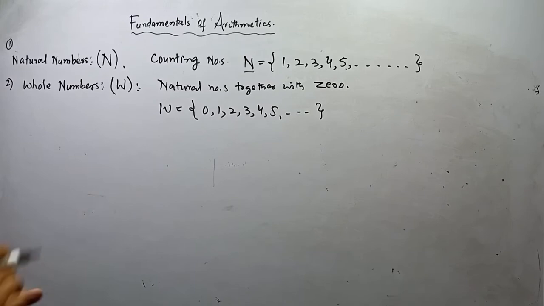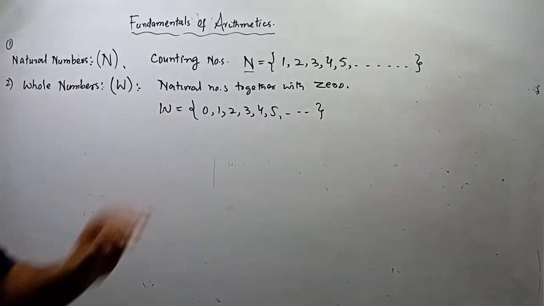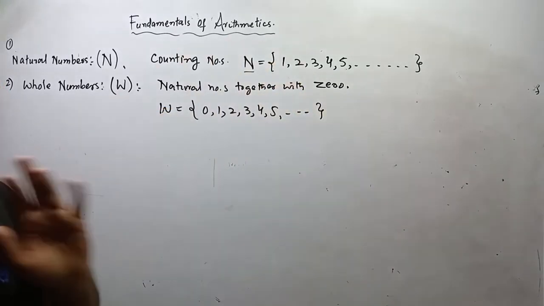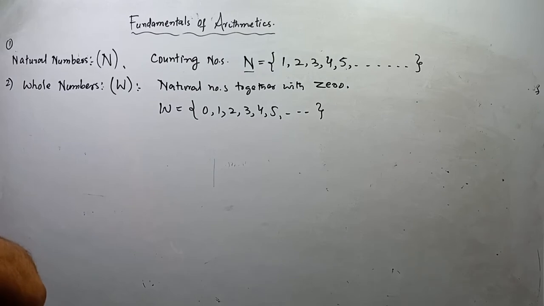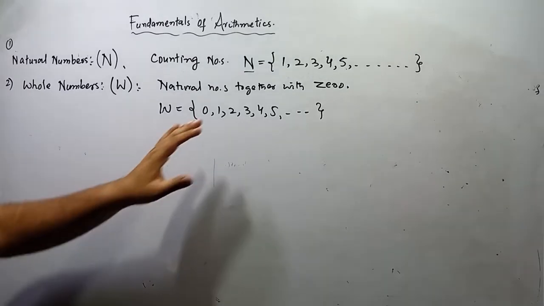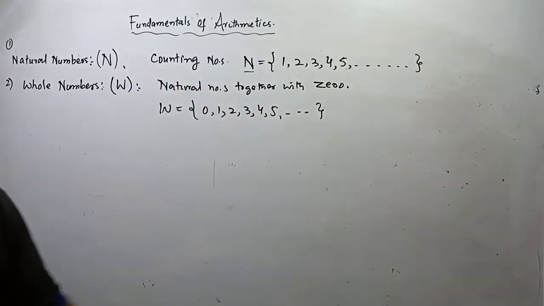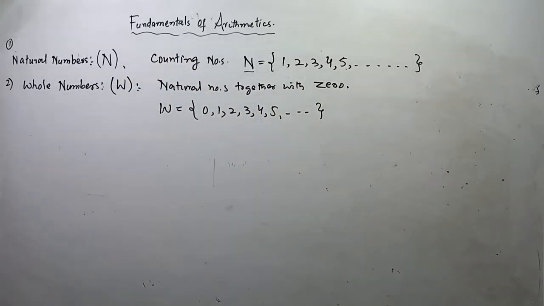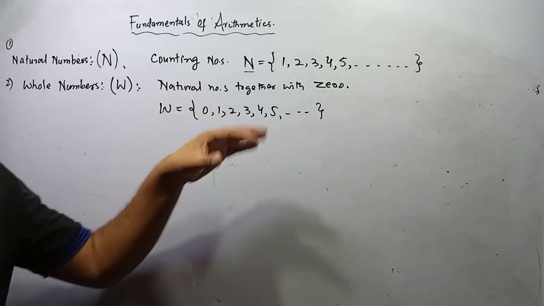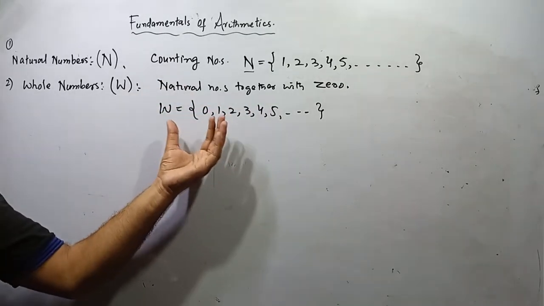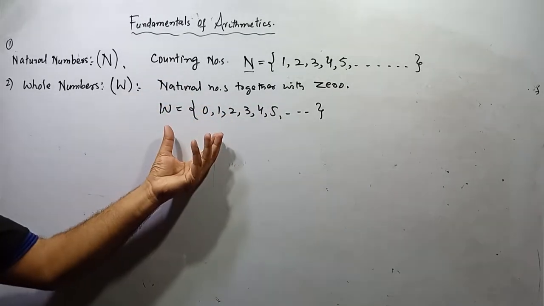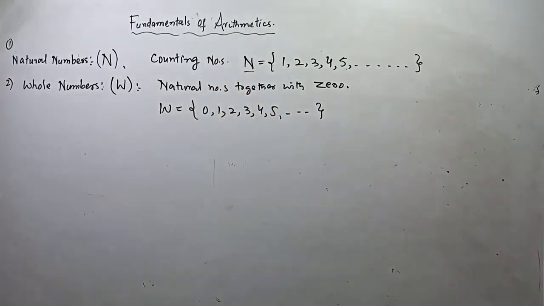Now you can see here 0 is the only whole number which is not a natural number. If I ask you which number is a whole number but not a natural number, the answer is 0. So 0 is a whole number, but it's not a natural number.